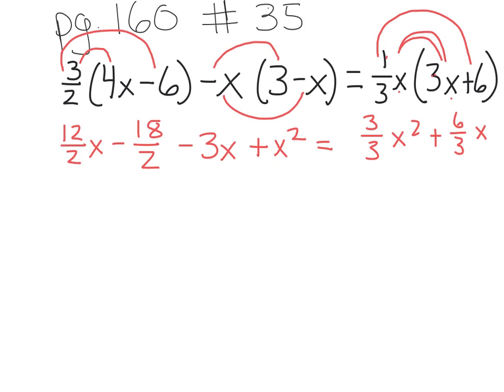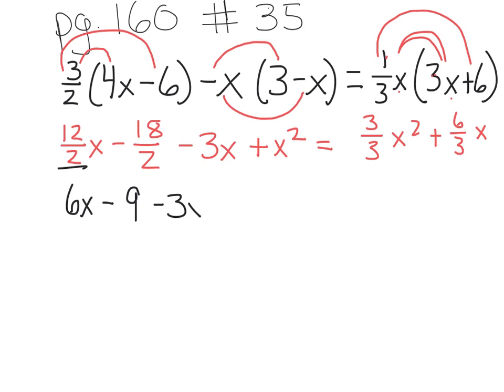Now, sometimes these fractions aren't going to simplify this easy, but in this case, when you can divide these fractions and change them into a whole number or an integer, I would go ahead and do that. 12 divided by 2 is 6, so I get 6x, minus 18 over 2 is 9.